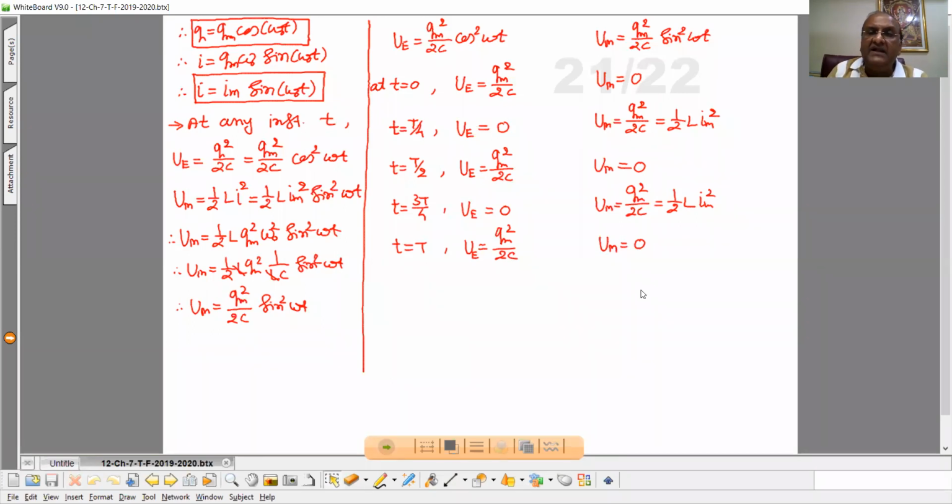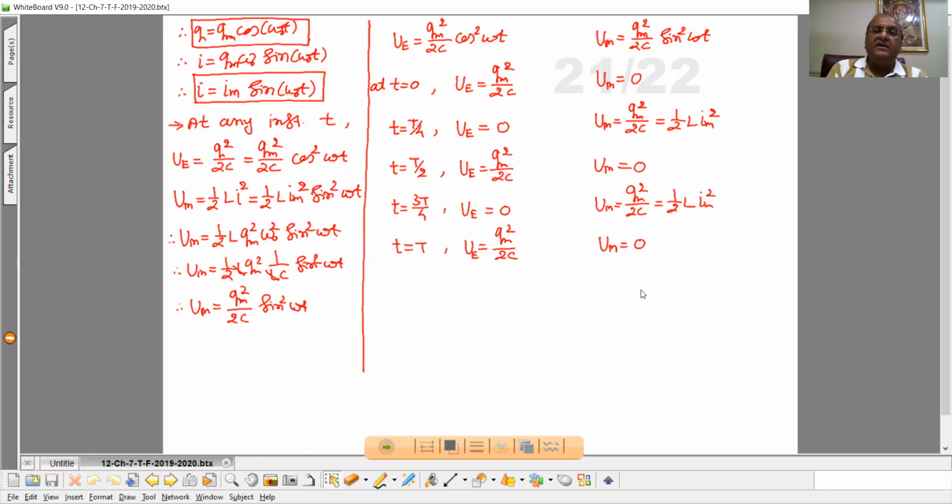Here, the idealistic situation is obtained, means no resistance of the inductor is considered. It implies that the dissipation of energy in the form of heat is 0.